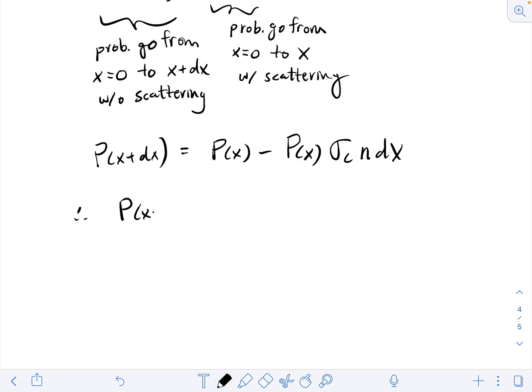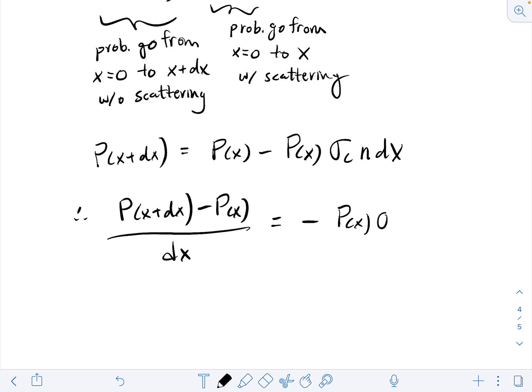And that would lead to p of x plus dx minus p of x, and then we divide by dx. And what would be left over on the right-hand side is minus p of x, scattering cross-section, and the particle number density.